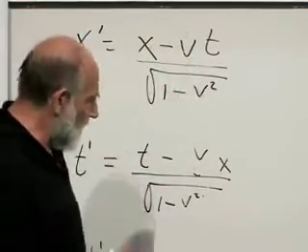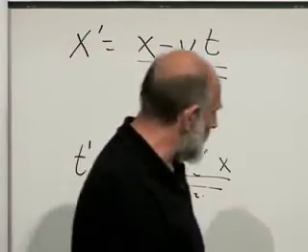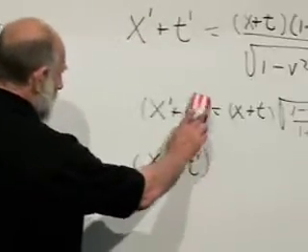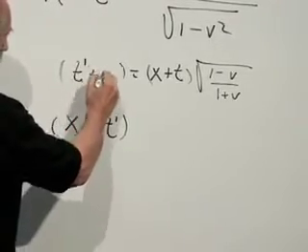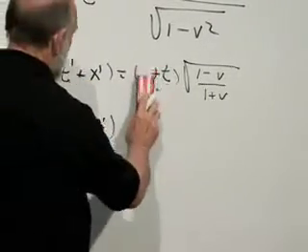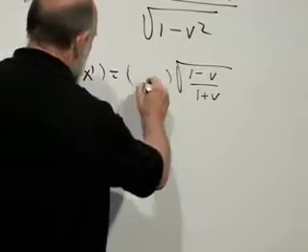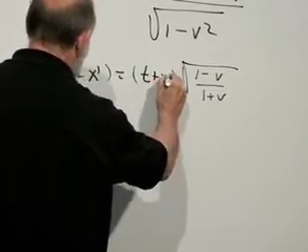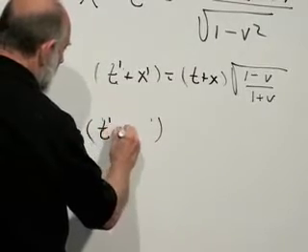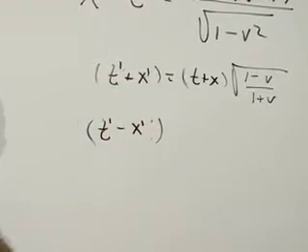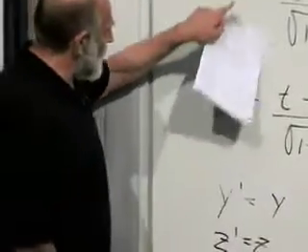You know what I want to do? I want to make a small change in this. I want to write this as t prime plus x prime. Same thing, I haven't changed anything, it's just because it agrees with my notes. And now I want to write this one as t prime minus x prime, that's to subtract this from this.